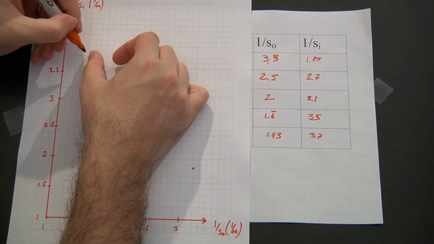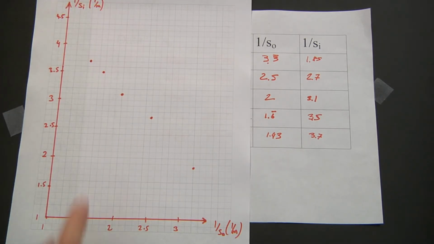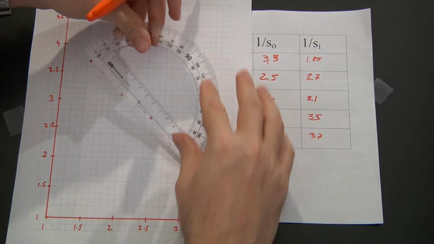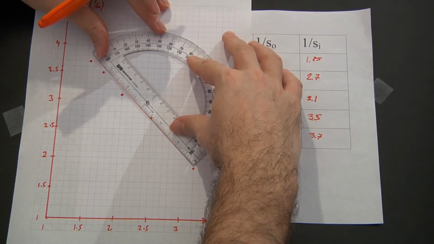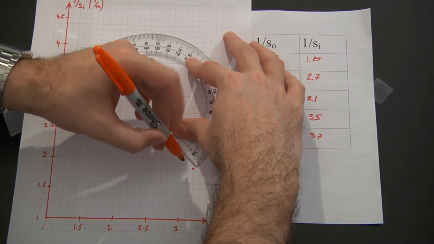And it's somewhere here. So these are our 5 data points, and we're going to draw the best fit line. And it is something like this.